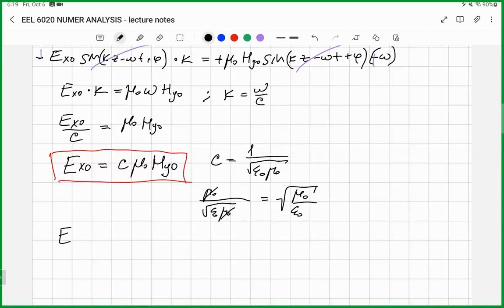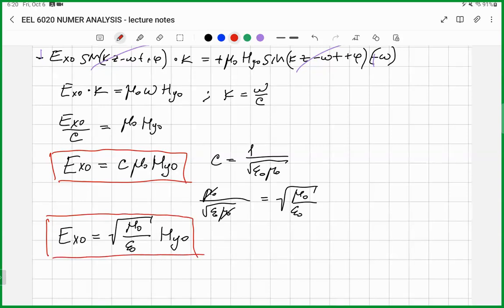So it's going to be E x0 equal to the square root of mu 0 over epsilon 0 times H y0. We can also frame this formula.